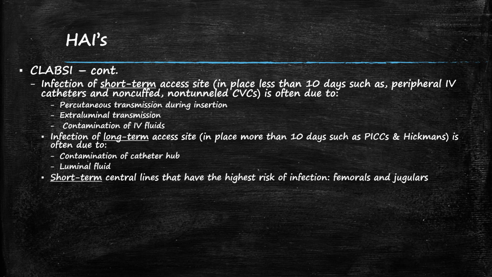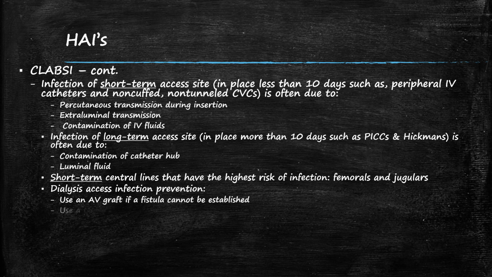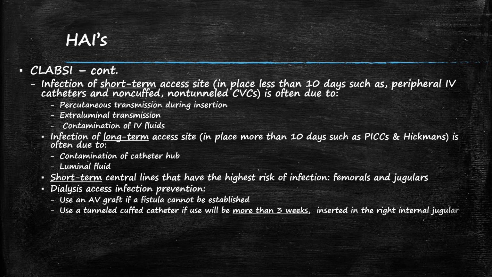Short-term central lines that have the highest risk of infection are femorals and jugulars. Dialysis access infection prevention: use an AV graft or fistula. Use a tunneled cuffed catheter. Don't use a femoral for more than 5 days.